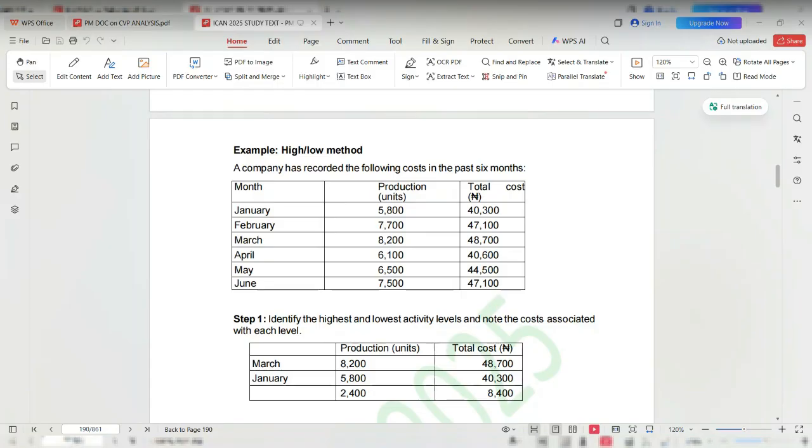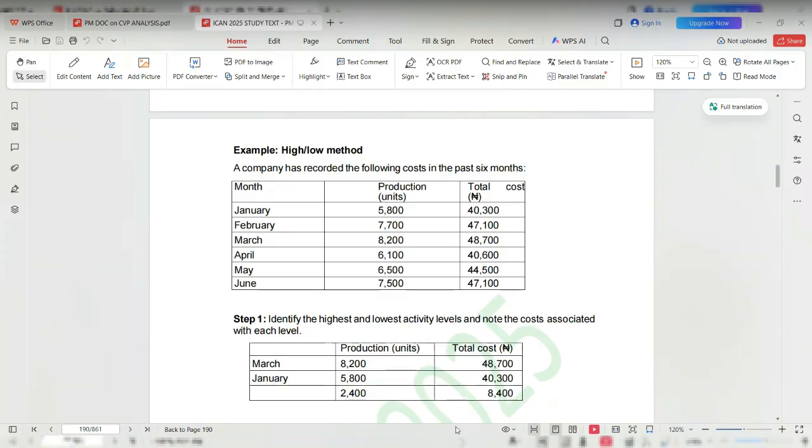Then our A equals 40,300 minus 20,300. So A will give us 20,000. So that is how to use the high-low method.